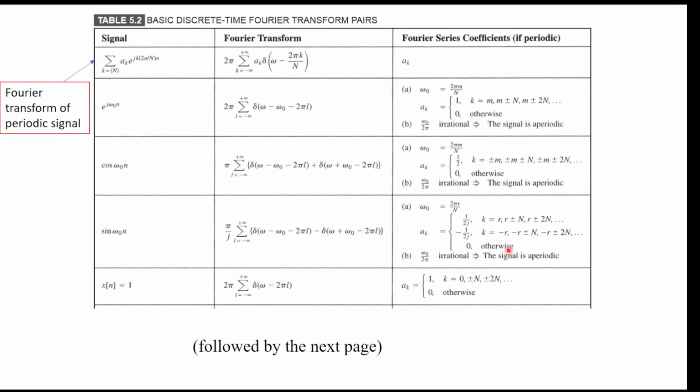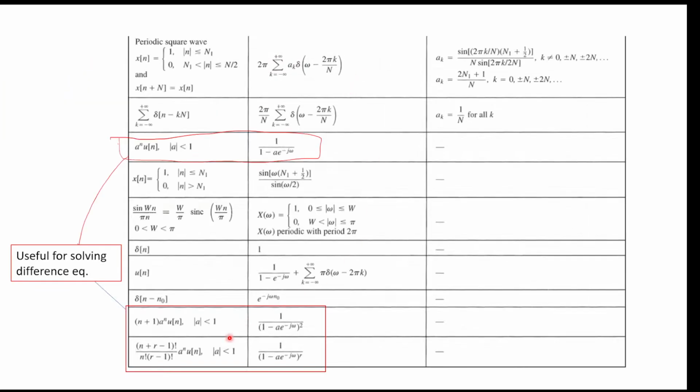Okay, and here is a table of discrete time Fourier transform pairs. And here we have the Fourier transform for periodic signals, etc. And here we have those partial fractions with e to the minus j omega, and with different powers.